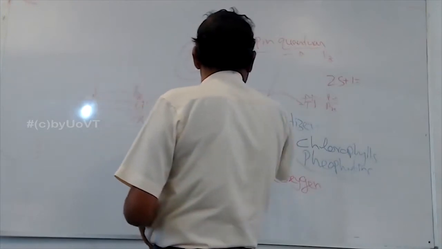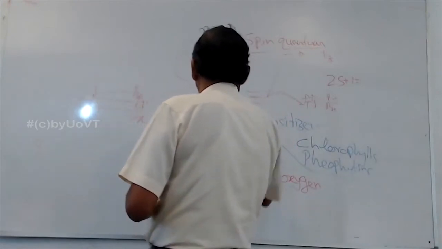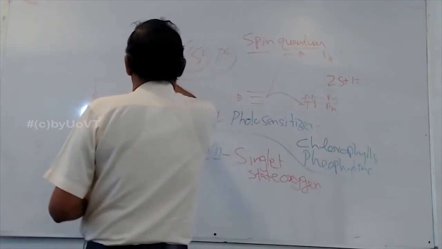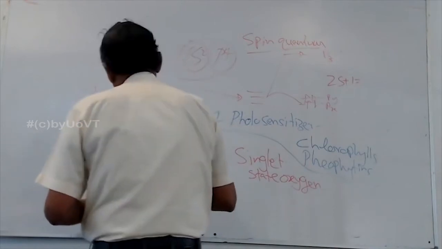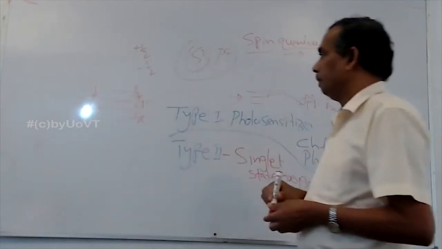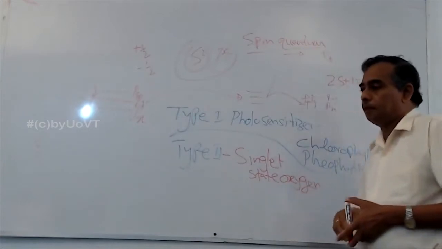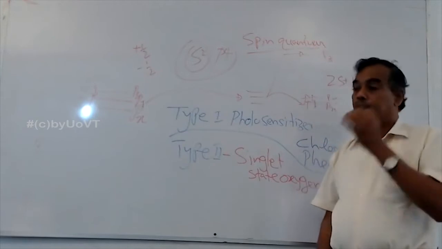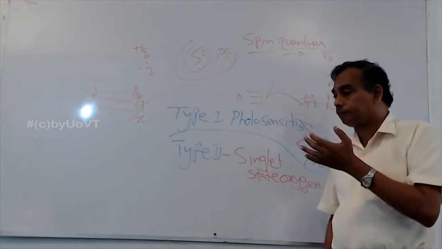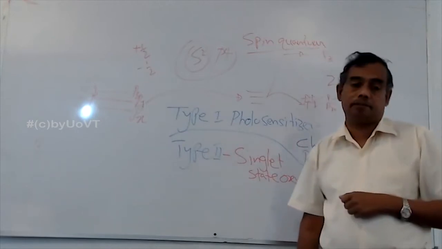S means the spin of the electrons. Generally, we can give plus half and minus half, depending on the direction of the half arrow.